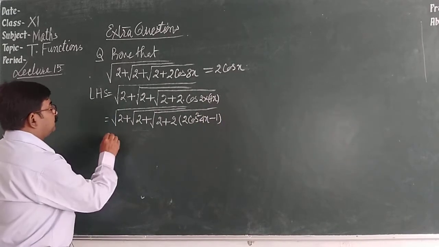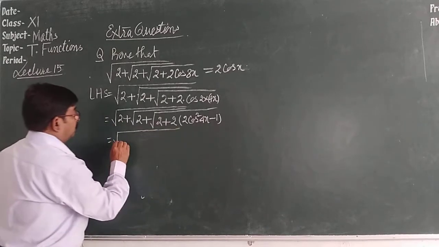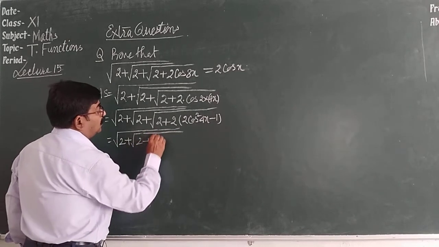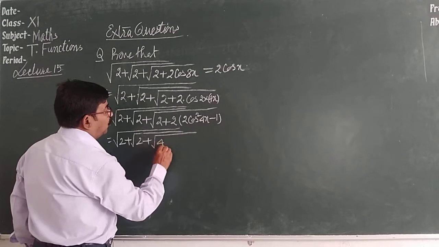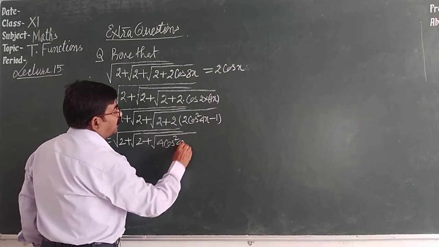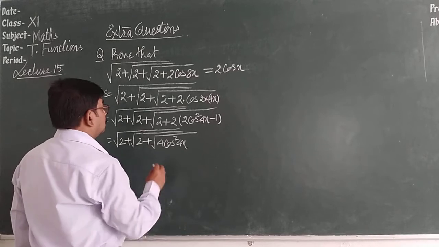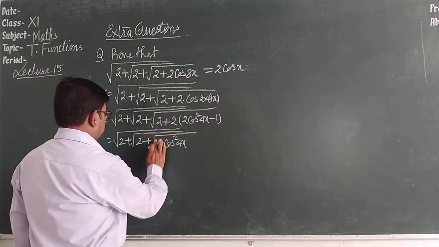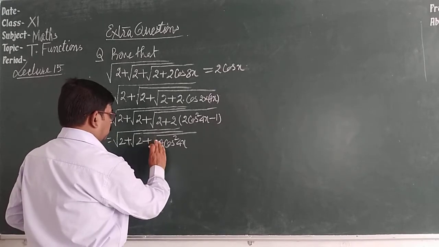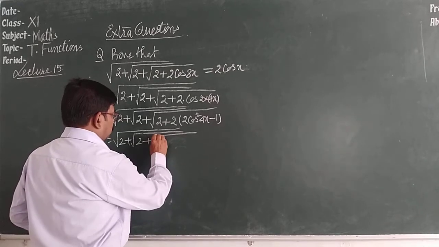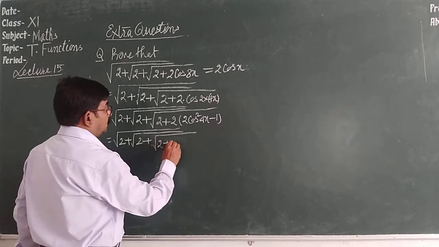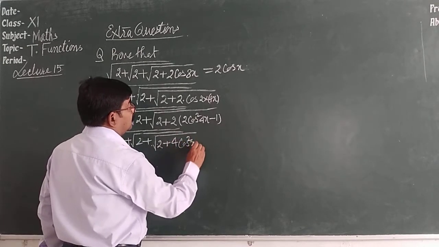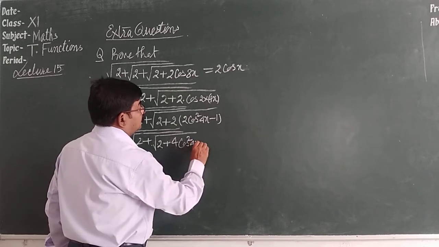Multiply these two inside. We have, see, 2 plus under root, multiply this, 4 cos square 4x. This is 2 is left here. 2 plus 4 cos square 4x minus 2.